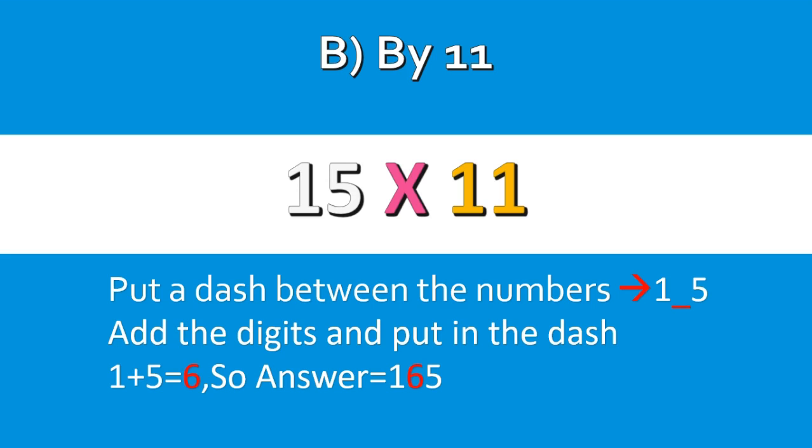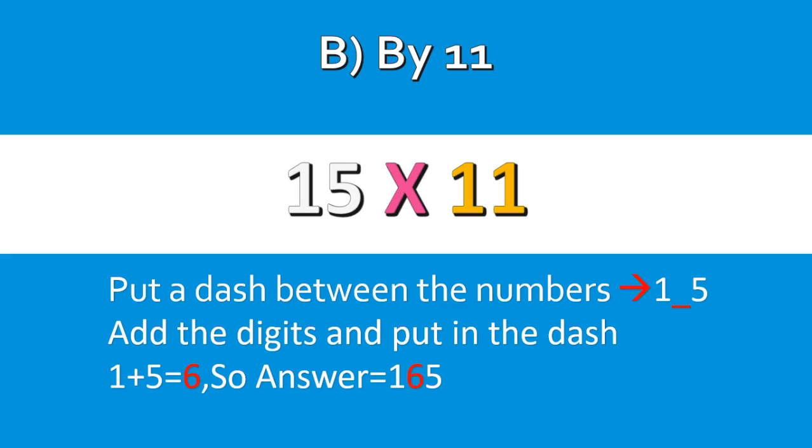So here there is a 2-digit number, put a dash between 1 and 5. So here this is 1-5, and in between the dash you have to add both numbers, that is 1 and 5. So the answer is 6. Fill it in the dash. So 165 would be the answer.